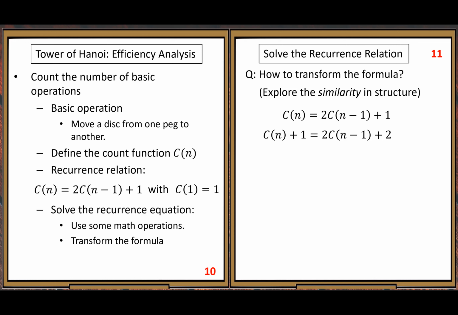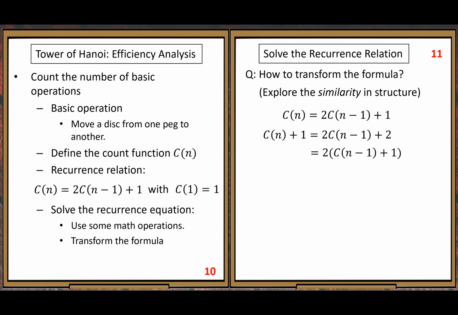Left-hand side we have plus 1, right-hand side also plus 1. Here it is plus 2, but after we factor out the common factor 2, we have this C of n minus 1 function plus 1. Now you can see both have the plus 1 structure. Similar, right? That's the way we explore similarities on both sides.